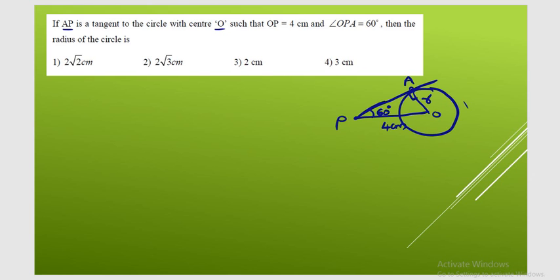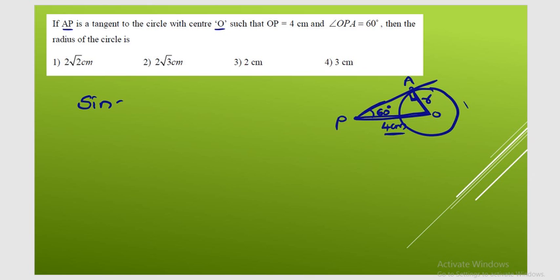Now from this figure, since this is 90 degrees, this OP acts as the hypotenuse. Right? OP is the hypotenuse, and I need the opposite side of 60 degrees. That means the opposite side and the hypotenuse are given. So which trigonometric ratio are you going to use? I am going to use sine.